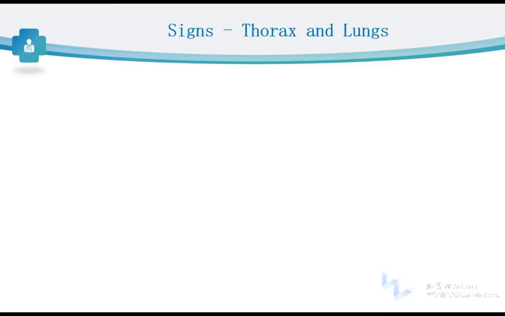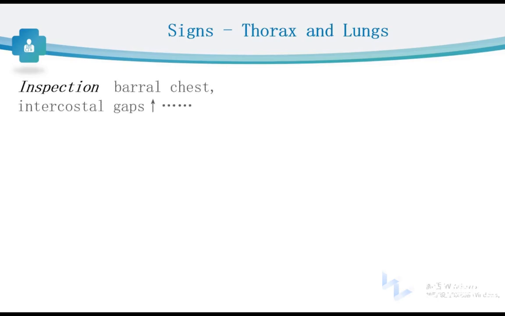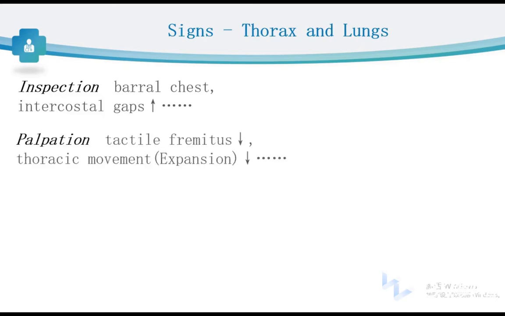The signs of COPD can also be divided into two groups. The first group is about the thorax and lungs, including inspection, palpation, auscultation, and percussion. During the inspection, we can find the barrel chest and distension of the intercostal spaces.